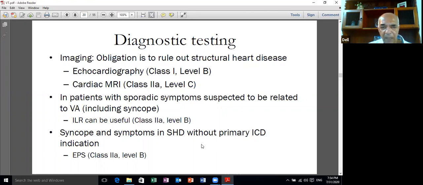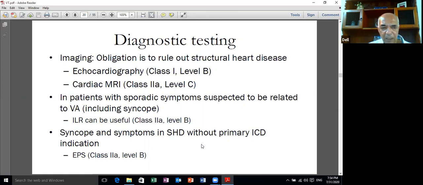If the patient is having sporadic symptoms associated with syncope that looks arrhythmogenic in origin, the patient falls and then comes up without any residua and unrelated to posture, this is the kind of syncope that's fearful, arrhythmogenic in origin. If the patient is having symptoms suspected of arrhythmia and syncope, then implantable loop recorder is our target in the investigation.